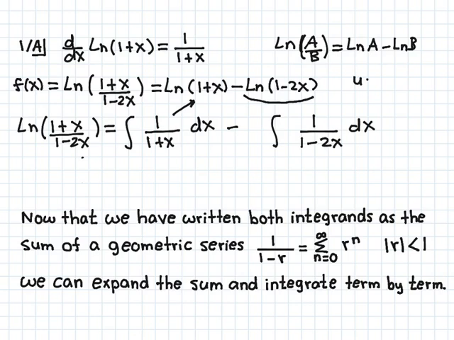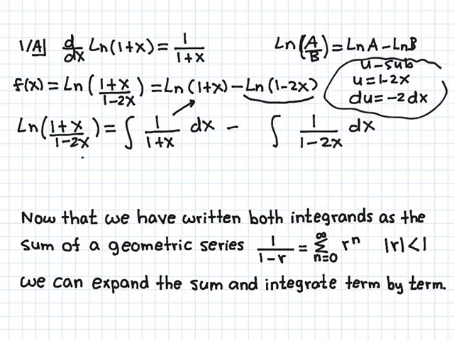Because if you let u be equal to 1 minus 2x, du is equal to negative 2 dx. For that reason, we're going to put negative 2 in the front to compensate. So now we've written the function as the integral of the sum of two different geometric series.